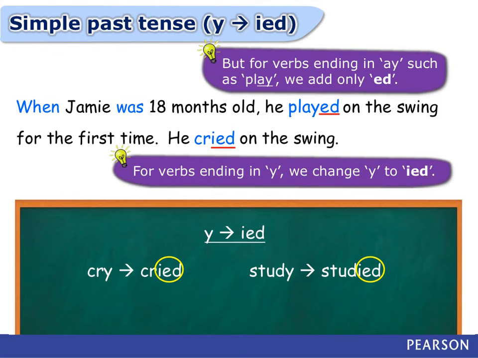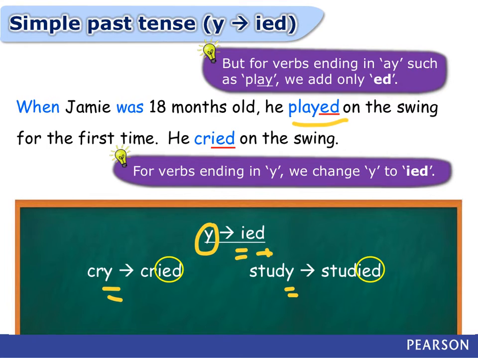And for some verbs, when they end with y, you change y to i and add ed. Just like cried, change y to ied. Study, you change y to ied. But there are some exceptions, for example, played also ends with y, but we don't change y to i before we add ed.